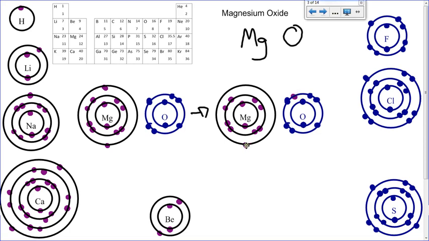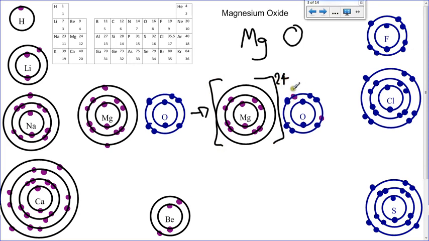So now we can see the magnesium has lost 2 electrons, so it will have 2 more protons than it has electrons. So we can put a little bracket around that magnesium to show that it has 2 positive charges.